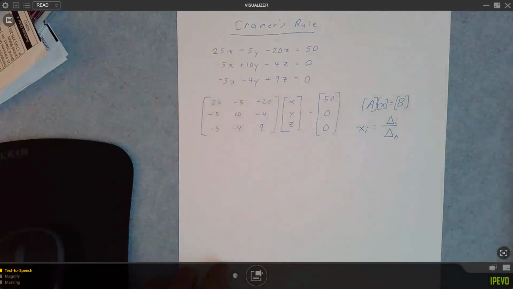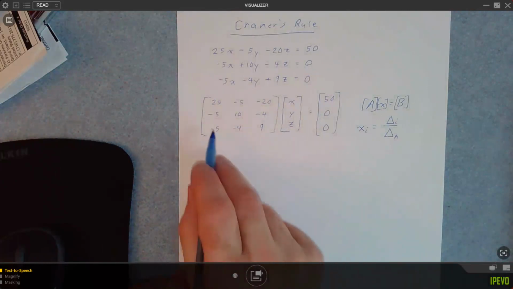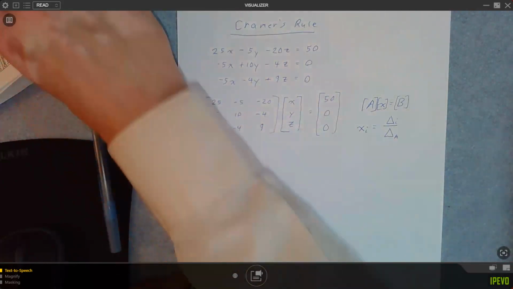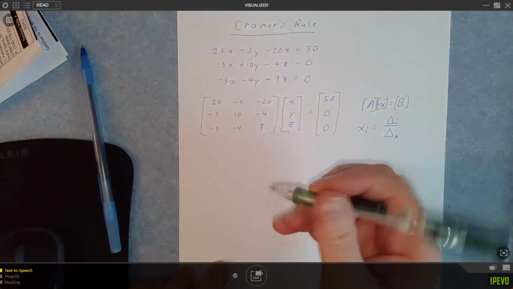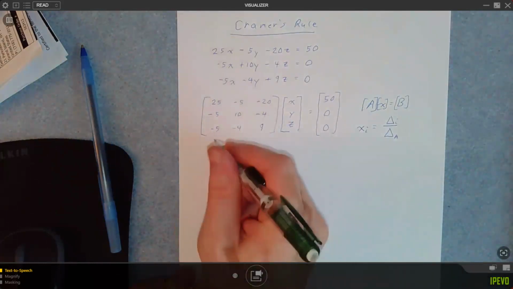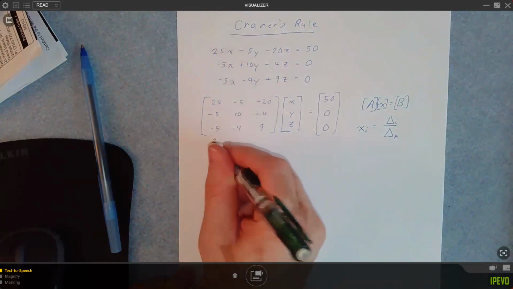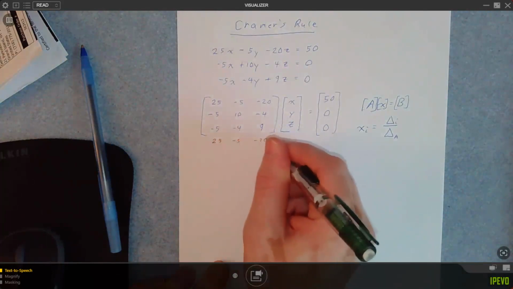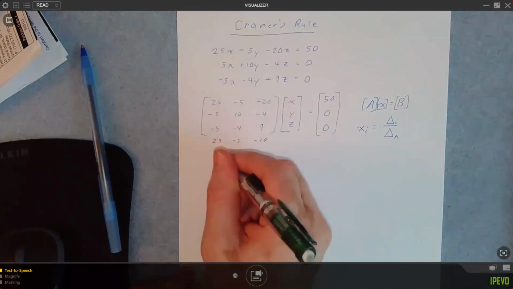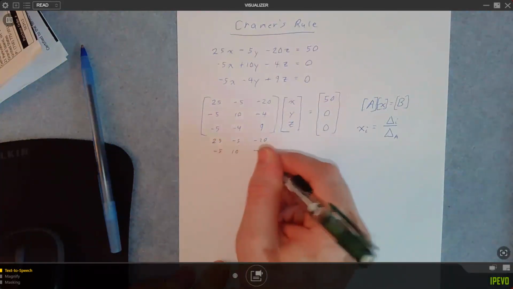Let me calculate the determinant of matrix A first. To calculate the determinant, you've probably seen this technique. I'm just going to rewrite the first two rows here: 25, minus 5, minus 20, minus 5, 10, and minus 4.